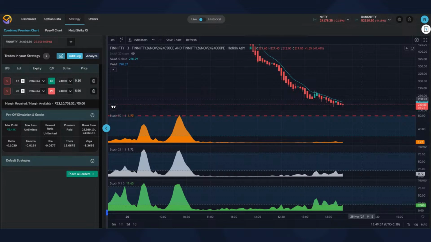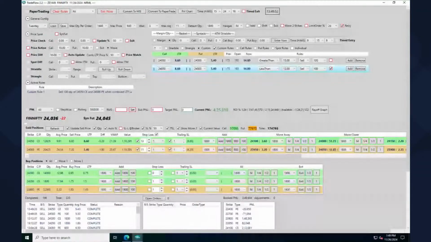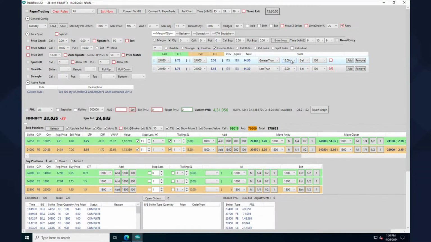Okay, something got executed. I put a condition for a combined premium of 15 rupees, which I think is a good feature. Right now it actually hit this 15, sold, and then came down, which means I'm going to make that 1 rupee profit.